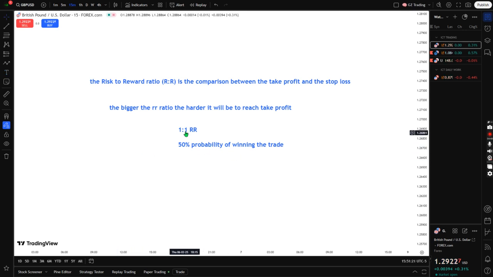So the higher we want our risk ratio to get, the lower the probability will get.